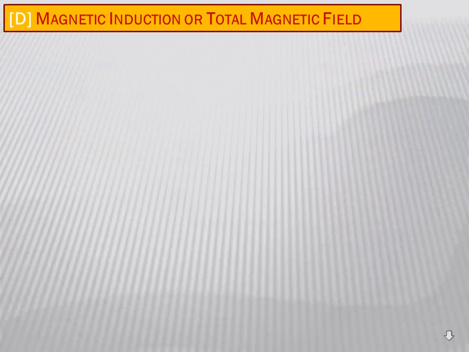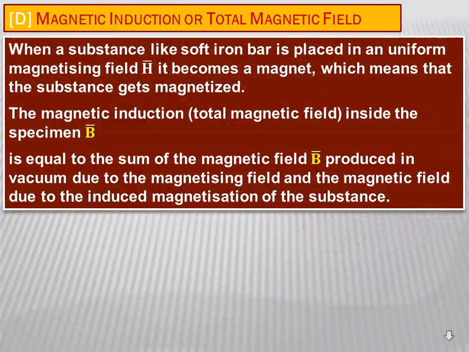The fourth one, magnetic induction or total magnetic field. When a substance like a soft iron bar is placed in a uniform magnetizing field H vector, it becomes a magnet, which means that the substance gets magnetized.